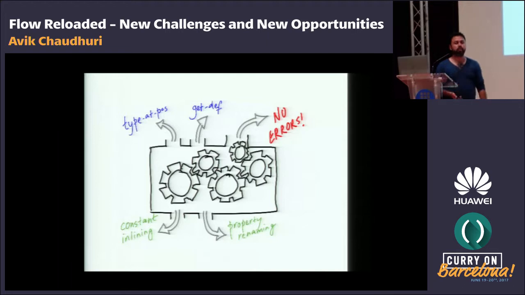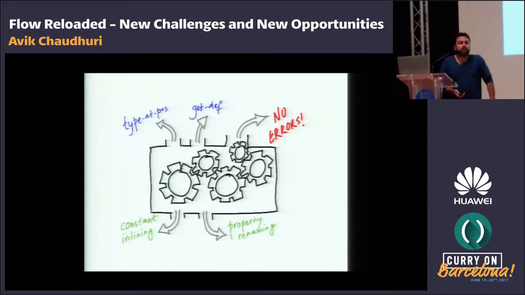This is not very hard for Flow to do because Flow already has a concept of singleton types. A string literal or number literal has exactly that type, and we already use it to check these patterns that people write at Facebook. So constant inlining is not a big deal because it's just a type that we propagate from one place to another place.